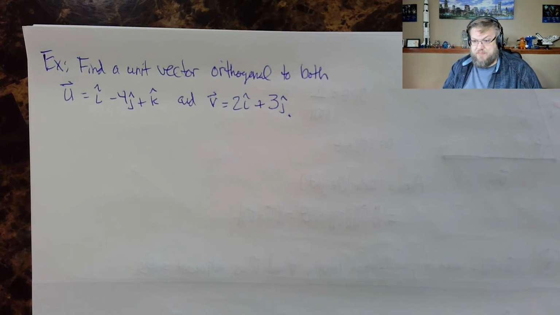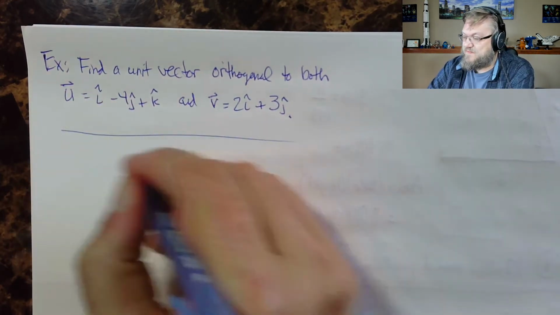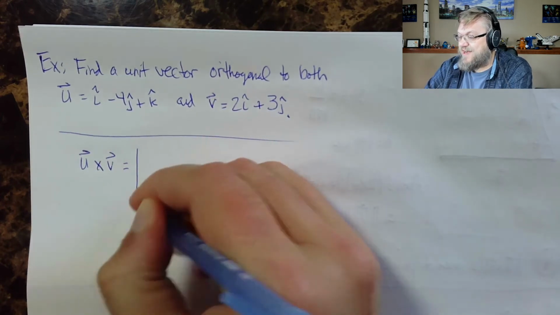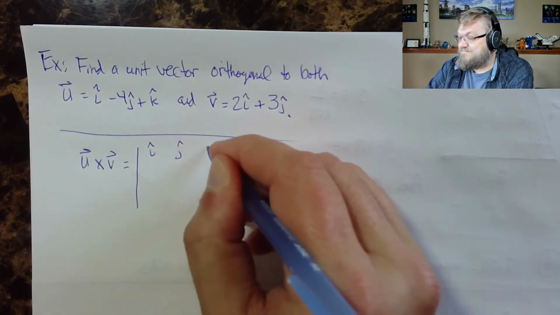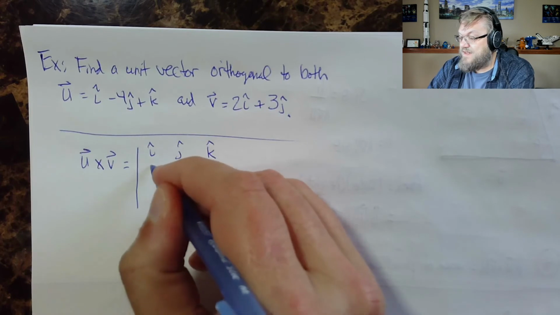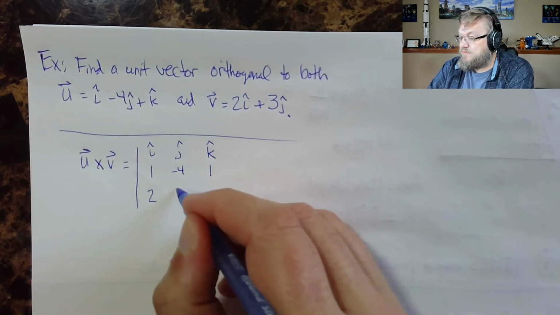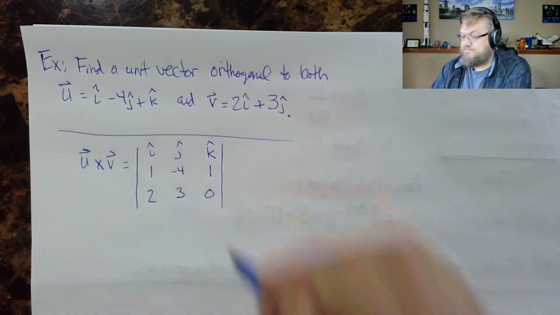So the first plan of attack here, let's take the cross product of these two vectors. This will guarantee the orthogonality. 1, -4, 1, 2, 3, 0.